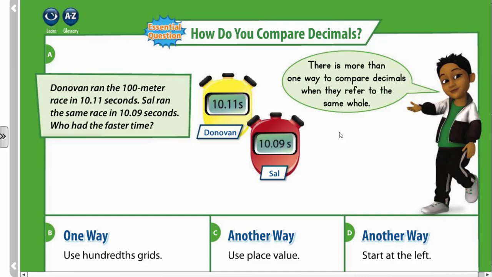Okay, let's read the question. Read the question.